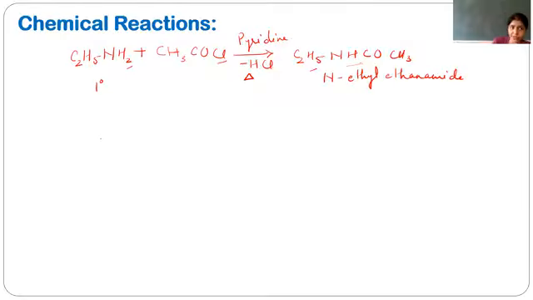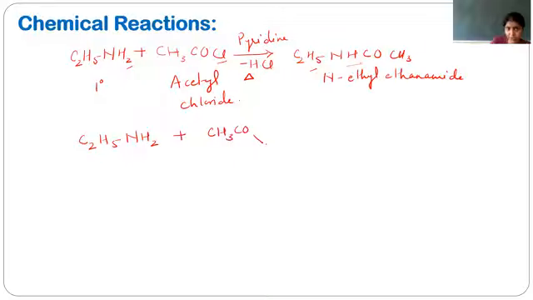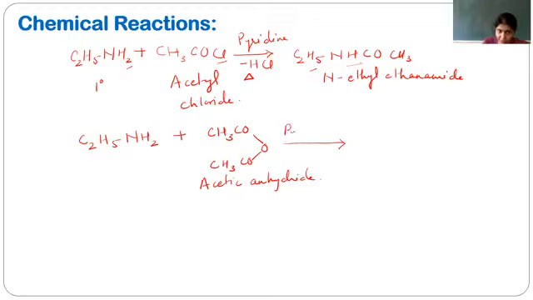The same reaction is possible with acetic anhydride. This is acetyl chloride. Reaction of ethylamine with acetic anhydride, CH3COOCOCH3. This molecule is acetic anhydride. The reaction is carried out in the presence of a base like pyridine upon heating, and there is the formation of an acetic acid molecule.